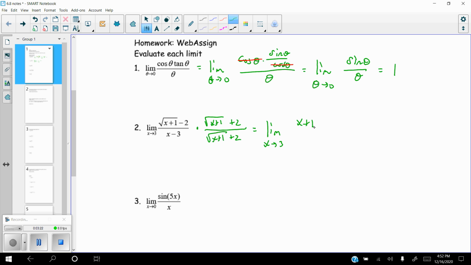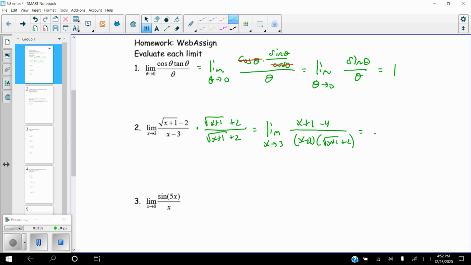The outside and the inside of the foiling process would go away, and that would leave you with a minus 4 for the last times the last. Then we're going to have x minus 3 on the bottom, and we'll still have that square root plus 2.